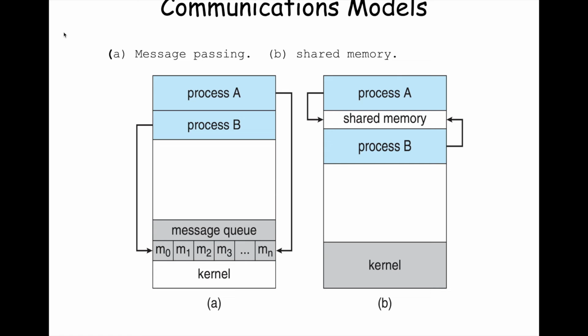On the right, frame B, we have shared memory. Shared memory, as you can see, is part of RAM, and that region of RAM is set aside, and it's off limits now for heaps. You can't go ahead and allocate out of the shared memory. It's set aside a priori for usage by communicating or cooperating processes.